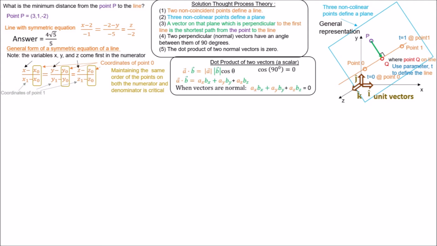When we have the symmetric form of the equation, this is the way we'd like to do it because we always want the coefficient of the variable term to be 1. So it's 1 times x, 1 times y, 1 times z. It's positive, and maintaining this order will ensure you don't make a simple sign error.